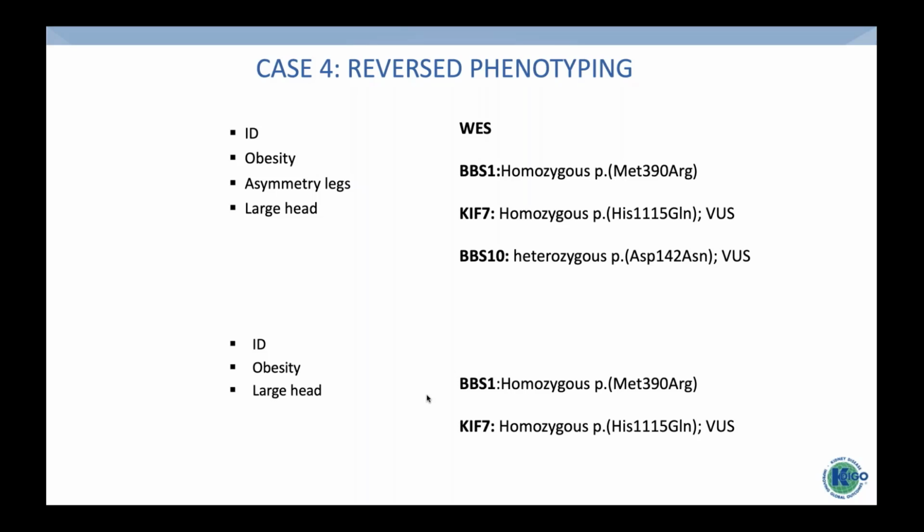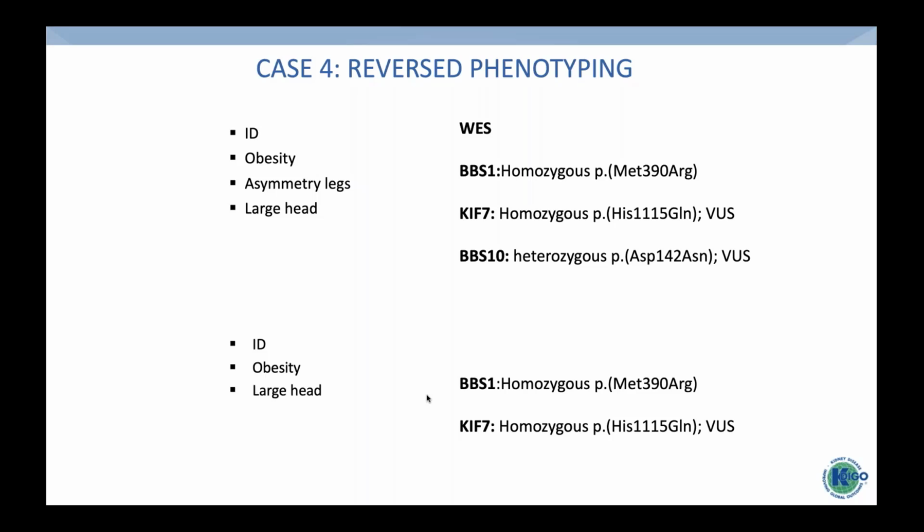In both patients, we identified homozygous BBS1 mutations. We also found some variants of unknown significance in other genes, but importantly, both brother and sister had the same homozygous BBS1 mutation, pointing to Bardet-Biedl syndrome type 1.